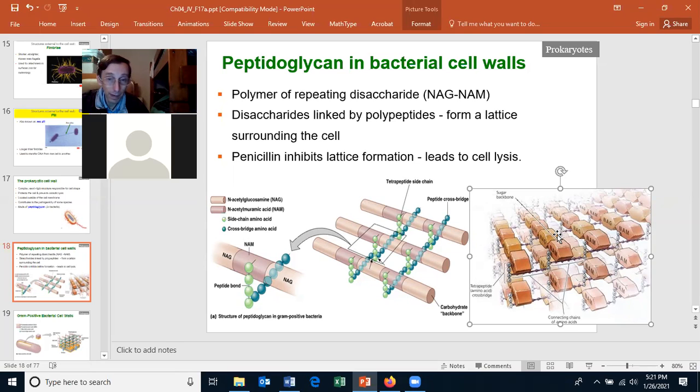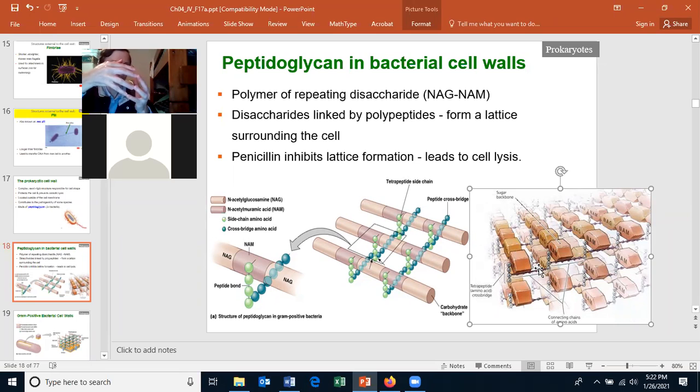Penicillin, that antibiotic, actually inhibits the lattice formation of the peptidoglycan, meaning see this link running across there and that link running across there. The penicillin prevents that link from forming. So when the peptidoglycan is being made, the cell wall is being put down, the penicillin prevents this link here, and that creates a hole in the cell wall.